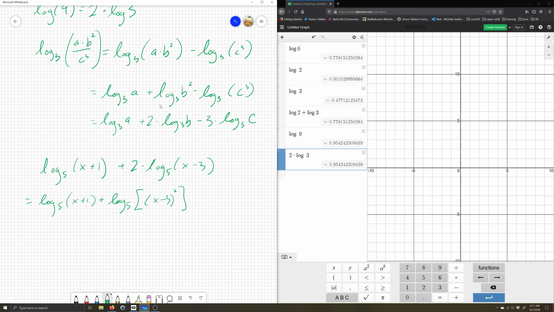So it becomes the log of x plus 1 plus the log of x minus 3 squared. And since these are added, this whole thing becomes the log base 5 of x plus 1 times x minus 3 quantity squared.